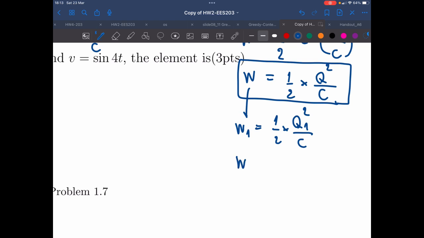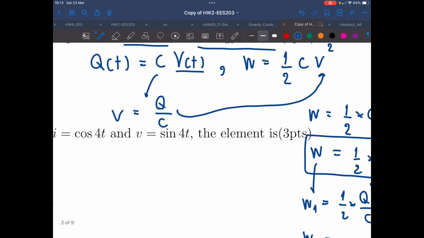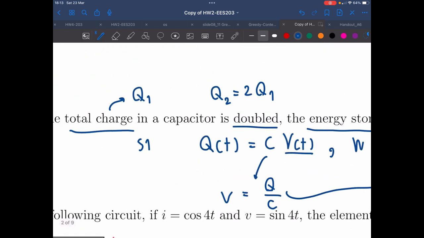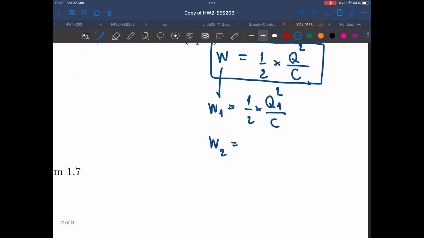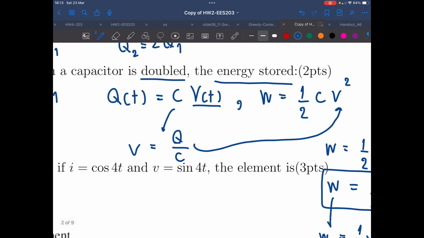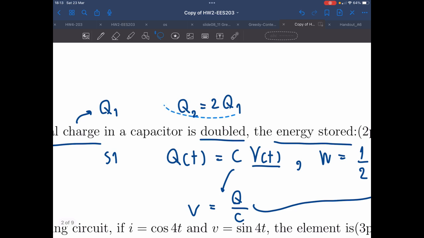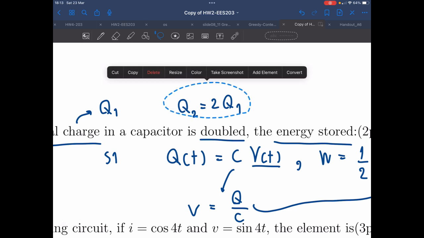Now let's take a look at W2. W2 is the energy stored if the total charge is doubled. So what we get, remember this relation.